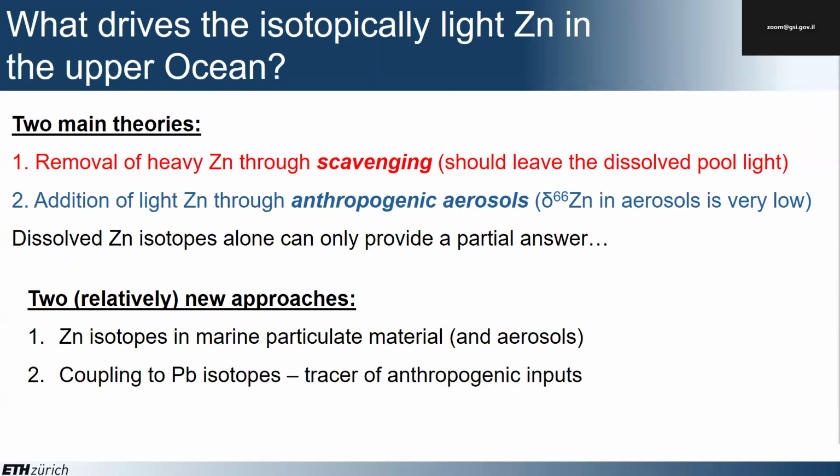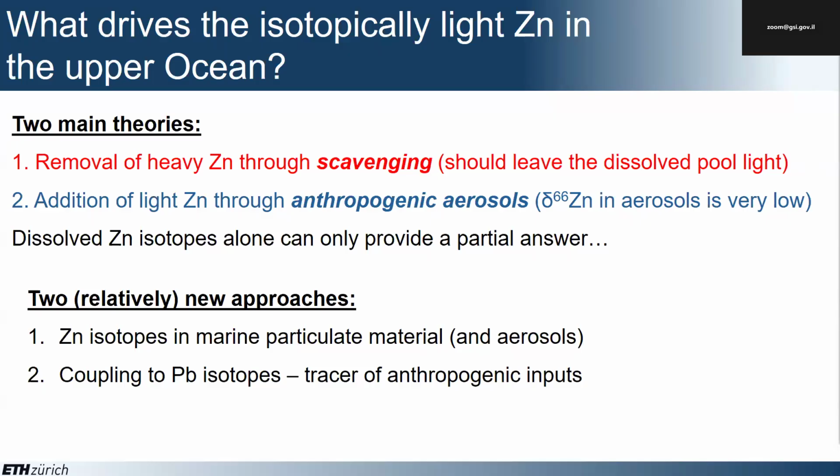Two main theories have been put forward to explain this anomalous isotope composition of the upper ocean. The first is removal of heavy zinc through scavenging. I mentioned this before. Scavenging preferentially removes heavy isotopes and should leave the dissolved pool light. And in recent years, researchers have suggested that it is not a removal of heavy zinc, it's actually the addition of light zinc to the upper ocean through aerosols that are associated with anthropogenic emissions.